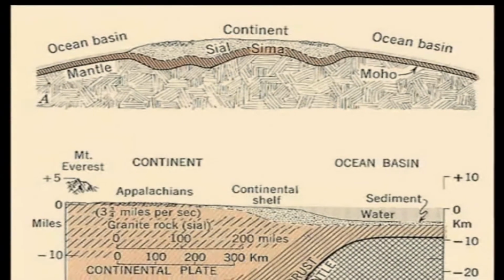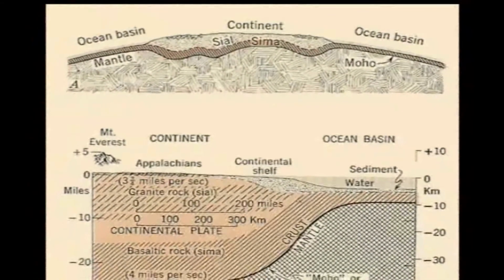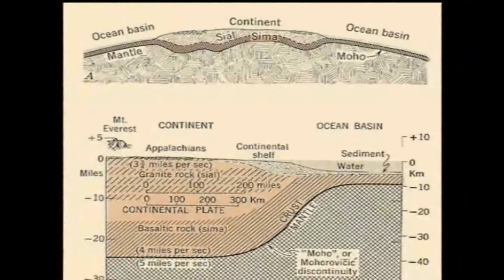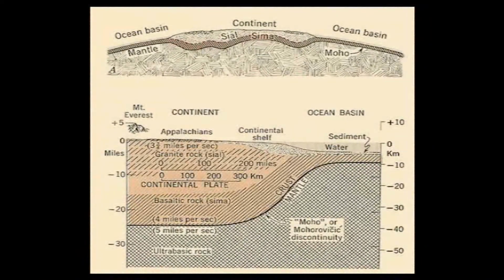Its details are very clearly given in another figure, 3C. This line of separation which forms the boundary between the crust and mantle is called the Moho, a simplification of Mohorovicic, the name of the seismologist who discovered it.